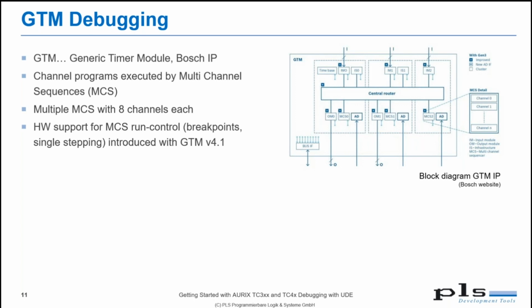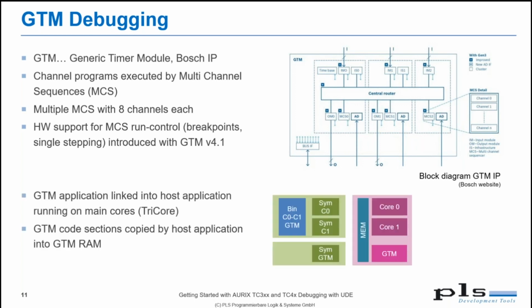Okay, the MCS code cannot be loaded directly into the GTM memory. That's why the code has to be linked into the main application, the host application, and the host application also has to start the GTM.